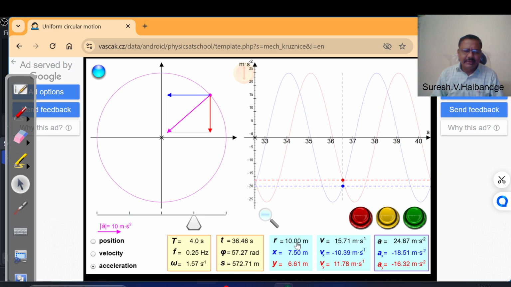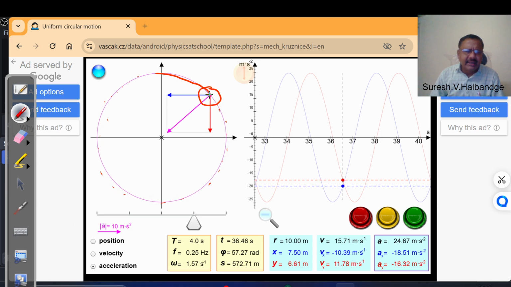Okay, these are the basic physics animations. Now here, if you look at this animation, we observe that there are mainly three particles. One particle is on the circumference of the circle and it will be performing uniform circular motion.